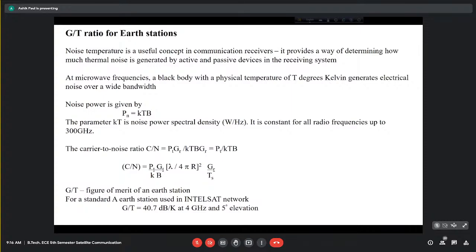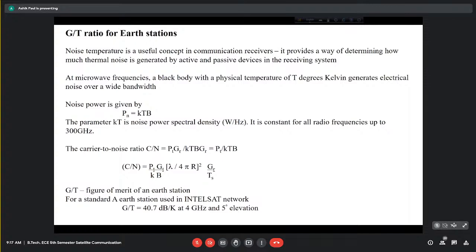And if you are familiar with the representation of this kind of receiver by two-port devices, like a device having an input port and an output port, that's simply a two-port device.